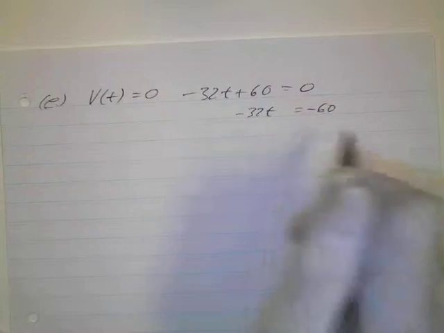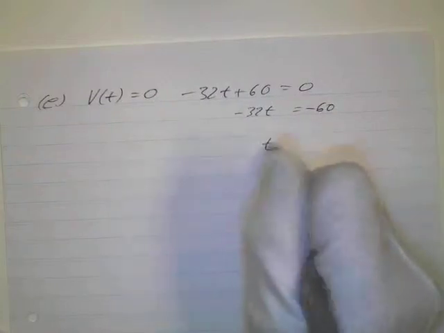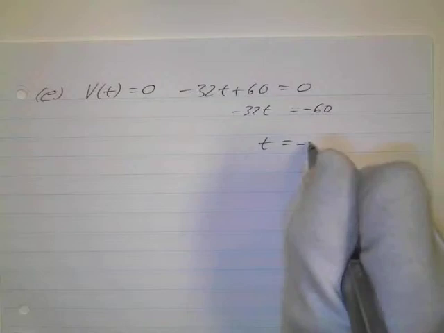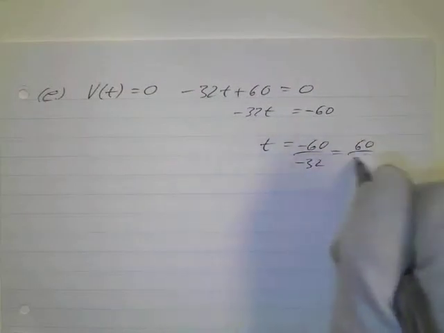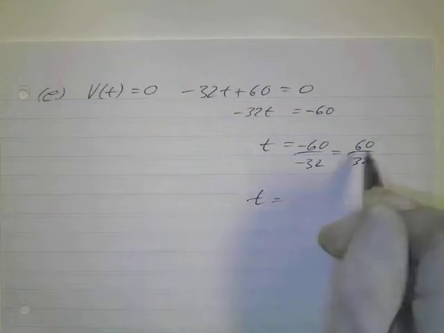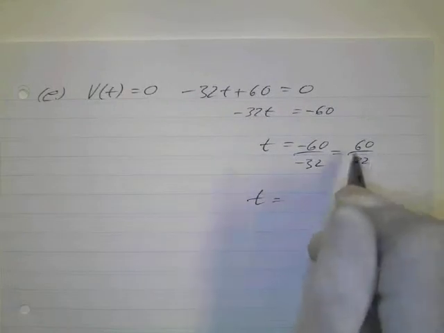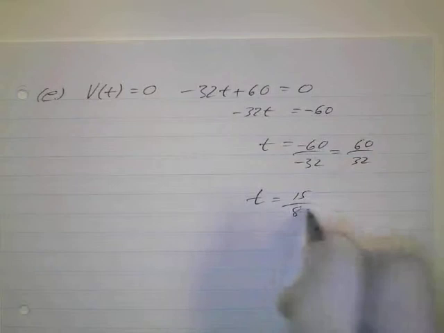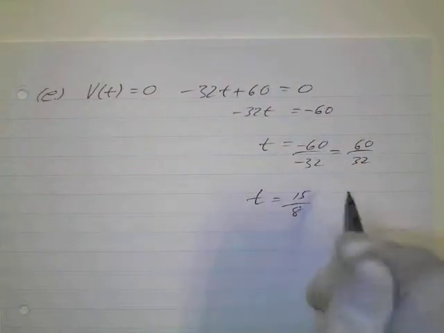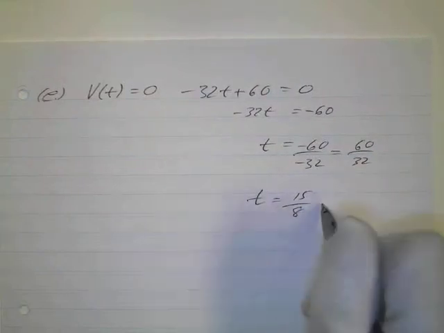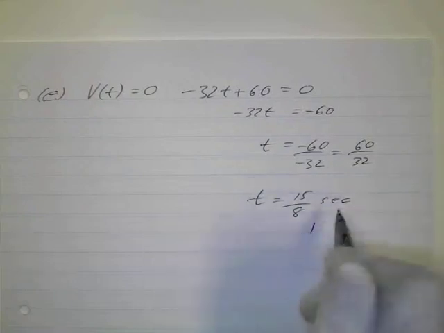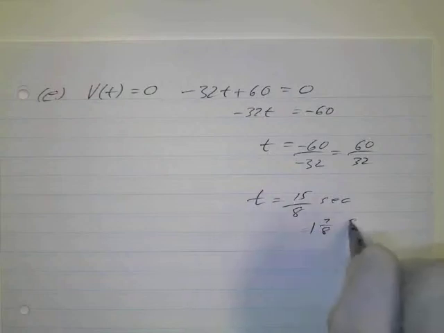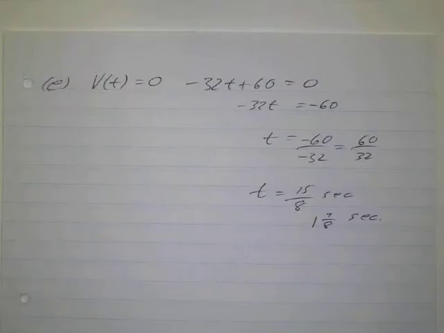If I divide both sides by negative 32, I get t equals 60 over 32, and I can reduce that by 4, so that'd be 15/8 seconds. You could leave it like that, or say it's 1 and 7/8 seconds. So that's when it changes direction, because that's when the velocity is 0.